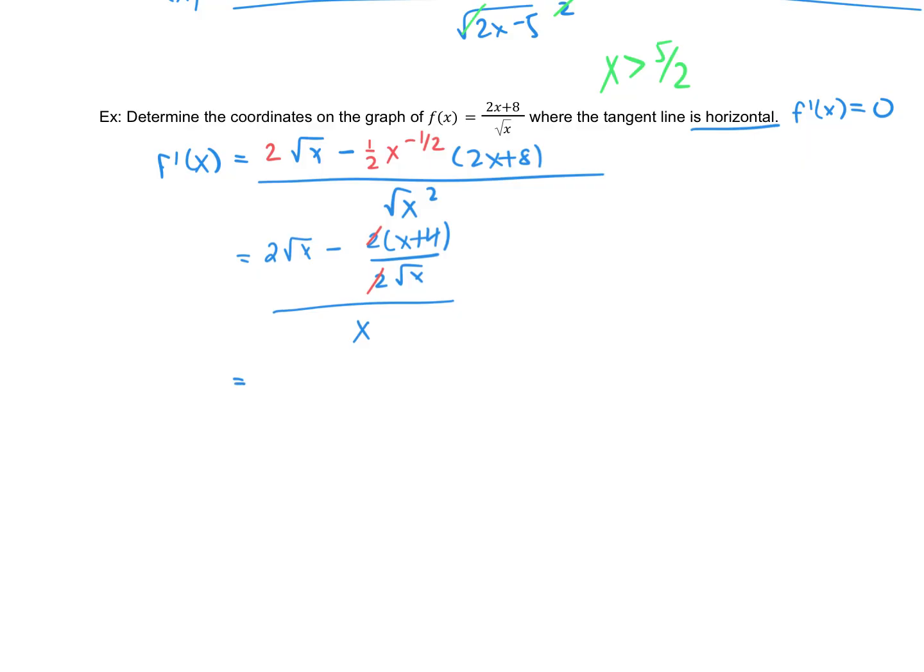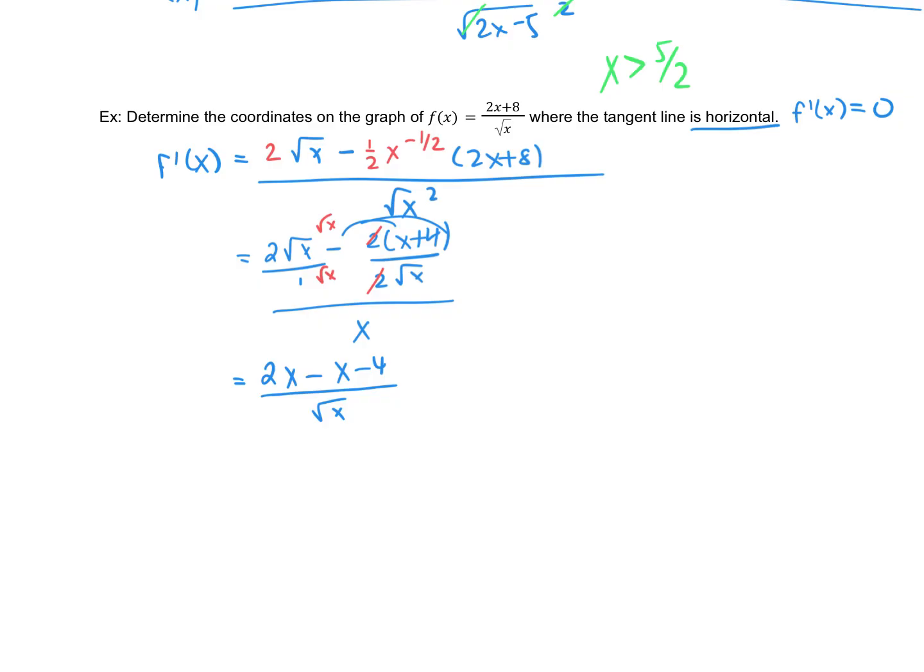And then from here, I'm going to get a common denominator. So this is over 1, so I'll just multiply by √x, so that we have 2x subtract x subtract 4, because I'm distributing that negative in, all over √x.